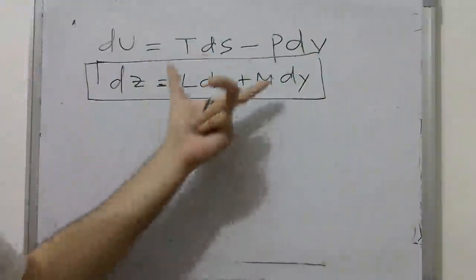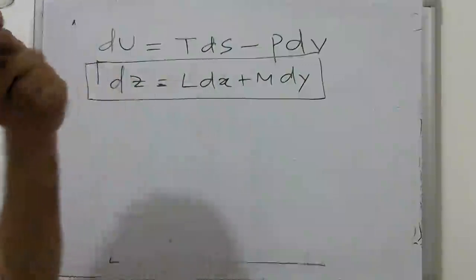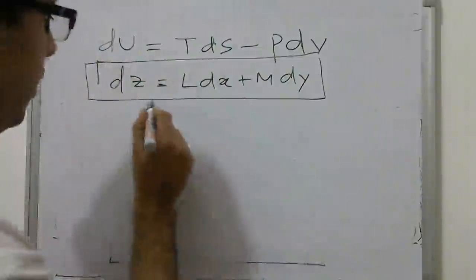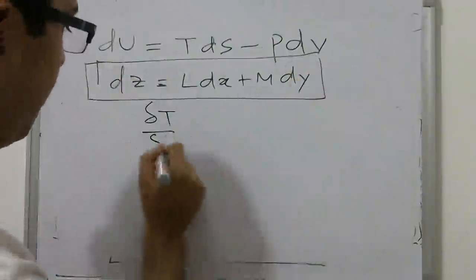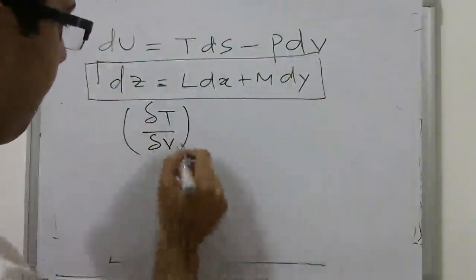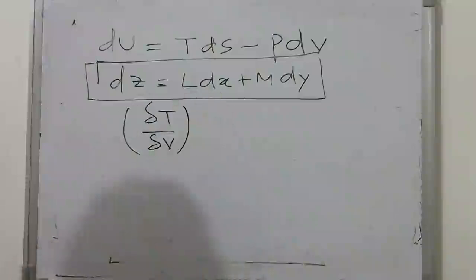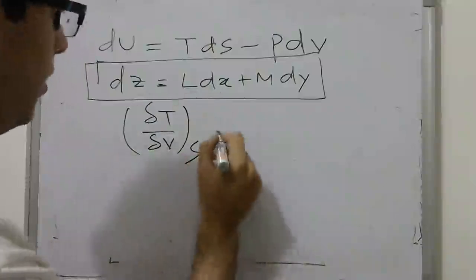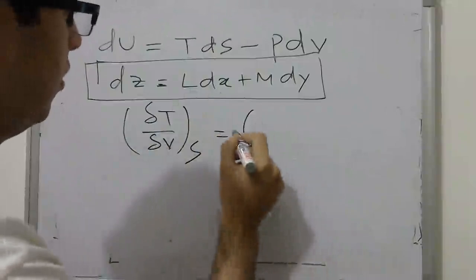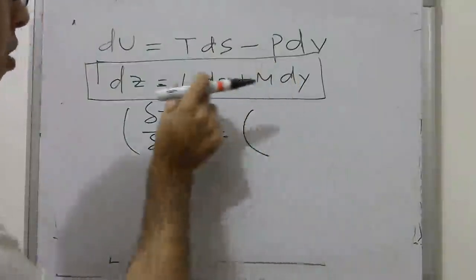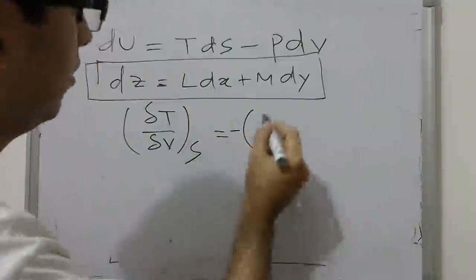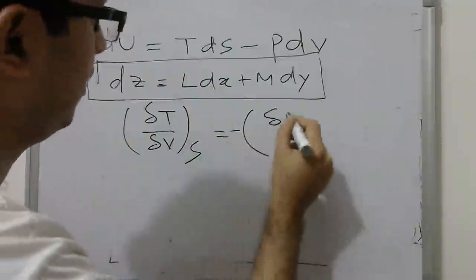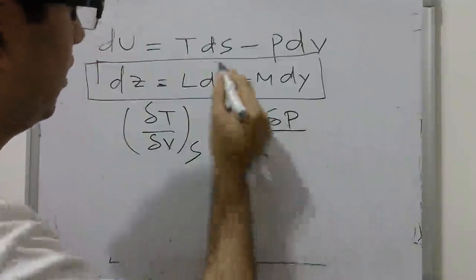What we can write from this is del T del V at constant S is equal to minus del P del S at constant V. There's a minus sign, so you incorporate it here or there, it doesn't matter.